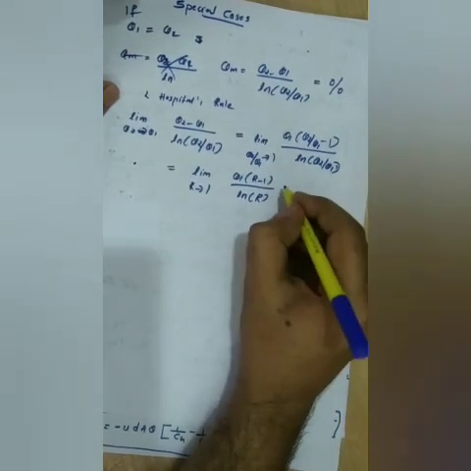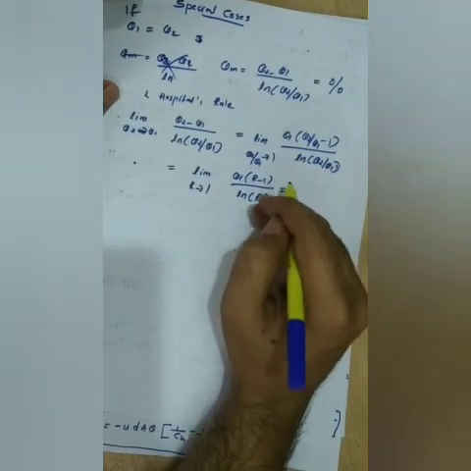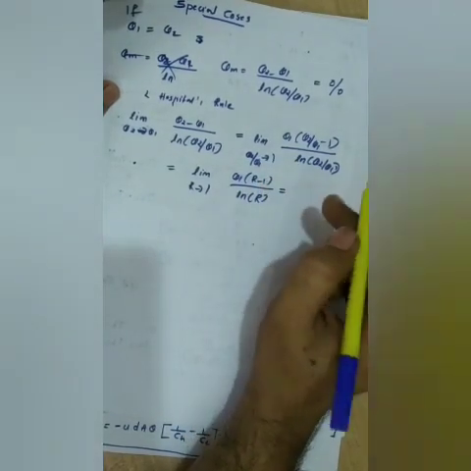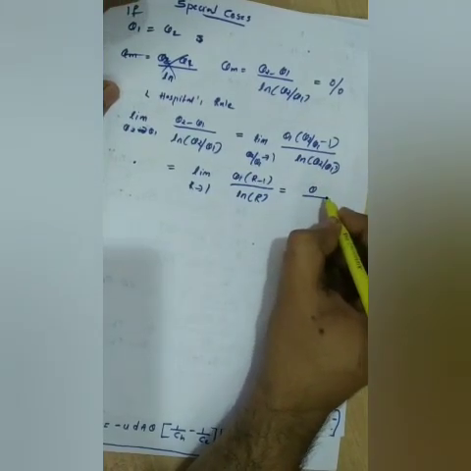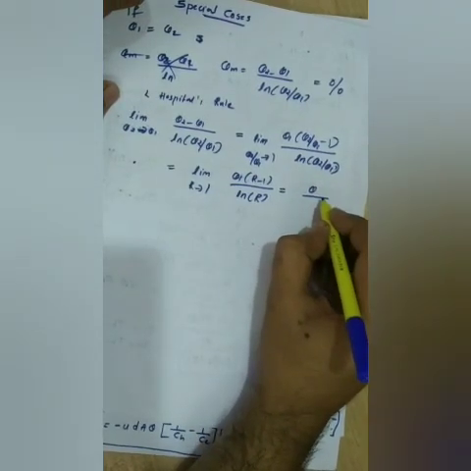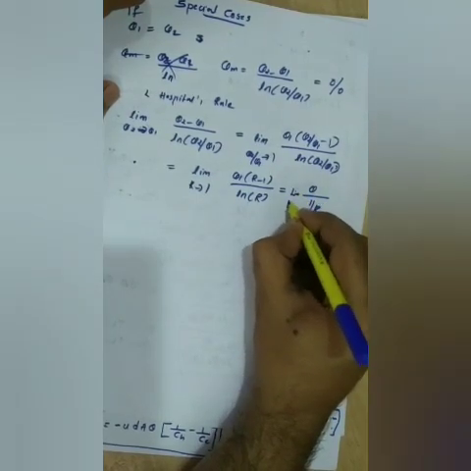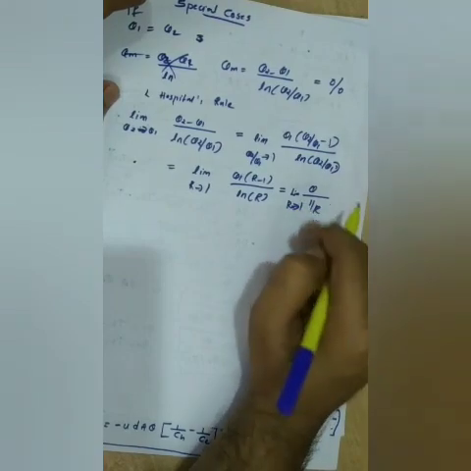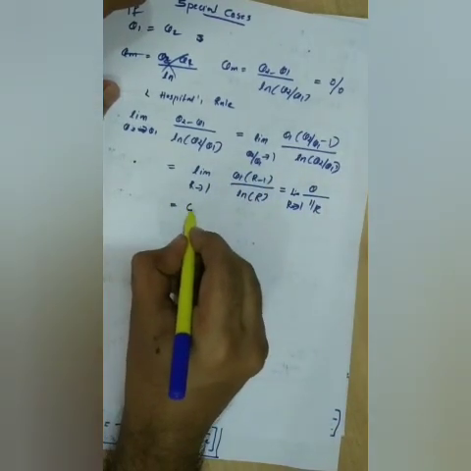Now we can apply the L'Hospital rule, differentiate numerator and denominator. If you differentiate the numerator, theta 1 is remaining, and if you differentiate log r, 1 by r is remaining, with the limit r tends to 1. So if r tends to 1, theta 1 by 1 by r, the answer is equal to theta.